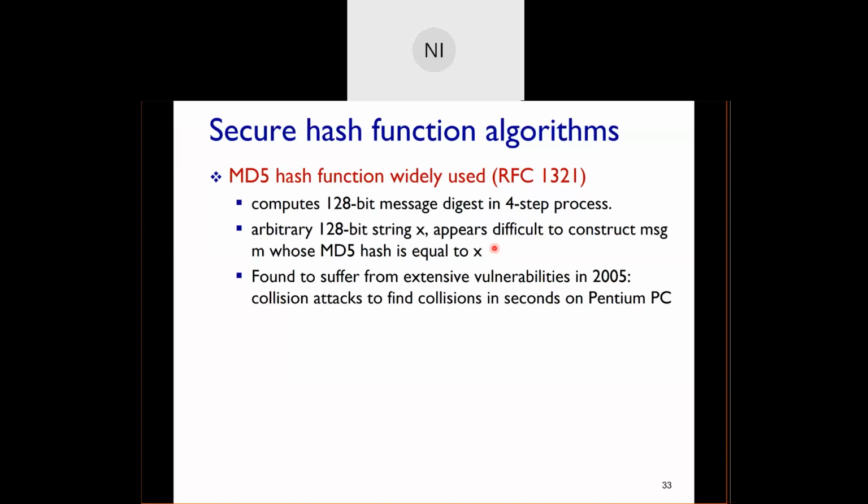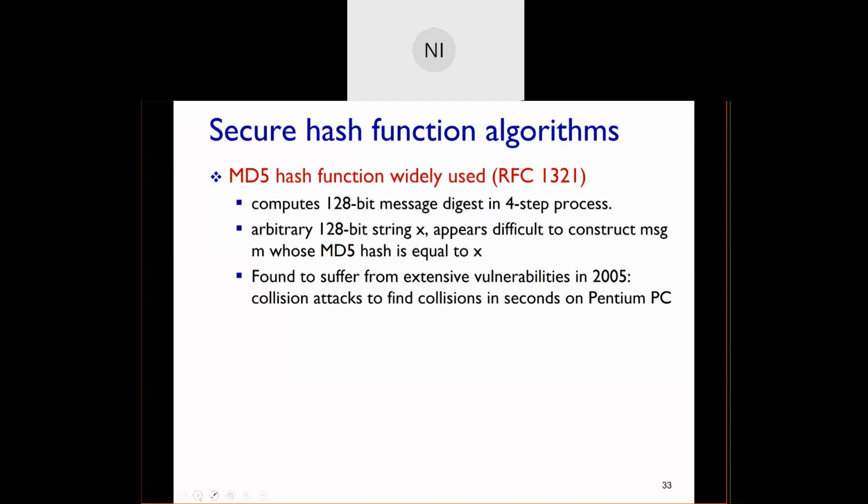That is basically to check whether your file has been corrupted during transmission from the web server from which you are downloading. To guard against such accidental errors, one can still use MD5, but we cannot use MD5 as a secure hashing algorithm because it no longer has strong collision resistance.